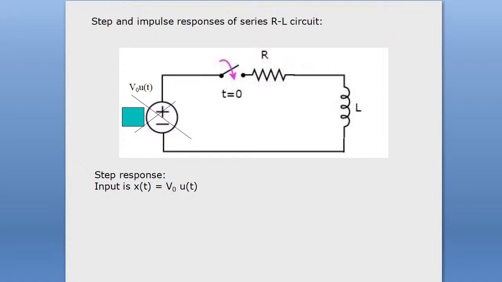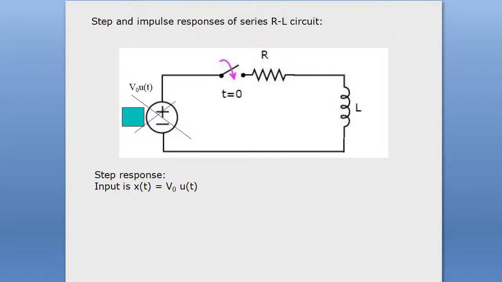You know the response is nothing but the output of a circuit or network. For this case, the input is a step input or step function. That's why its corresponding output is known as the step response of this circuit.